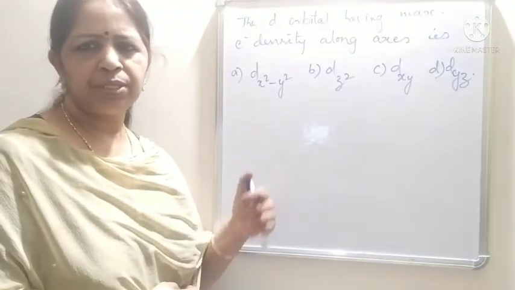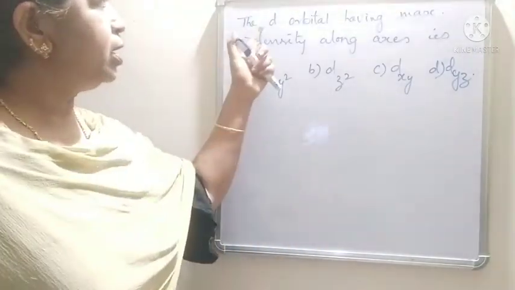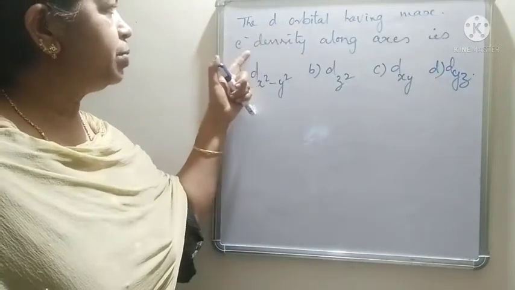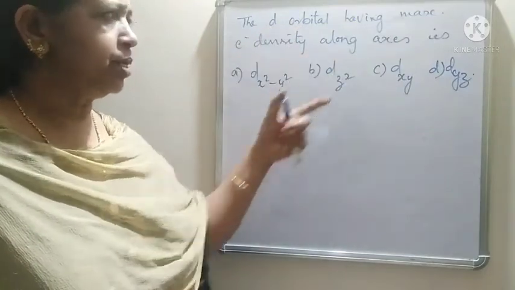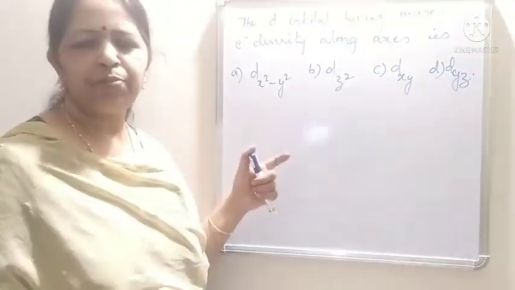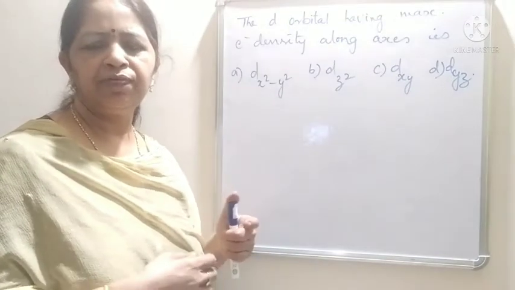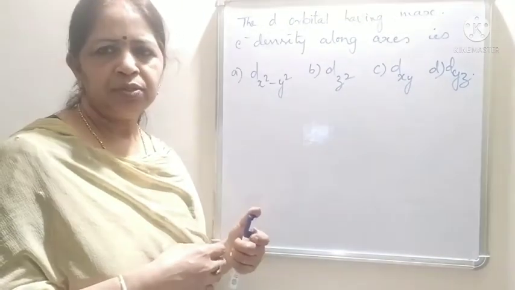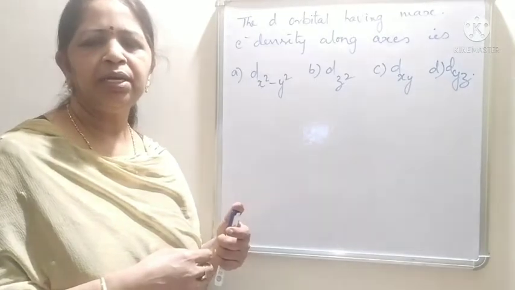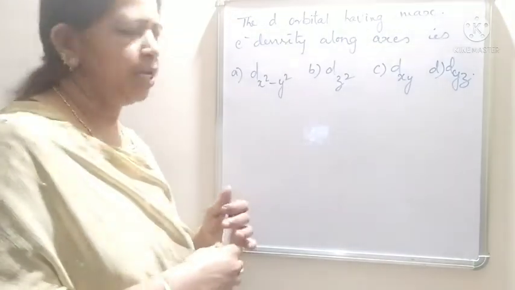The next question is: students, which d orbital has maximum electron density along the axis? This question is based on the orientation of orbitals in the d subshell.